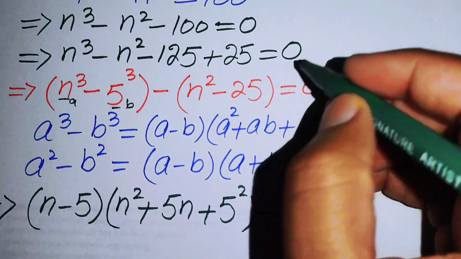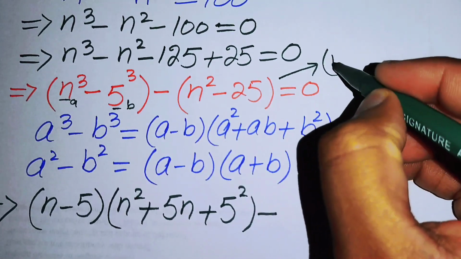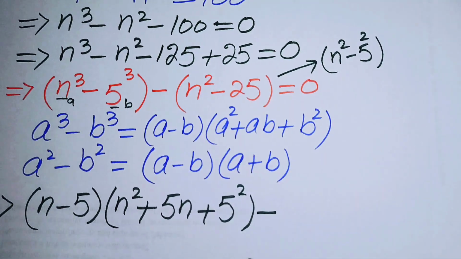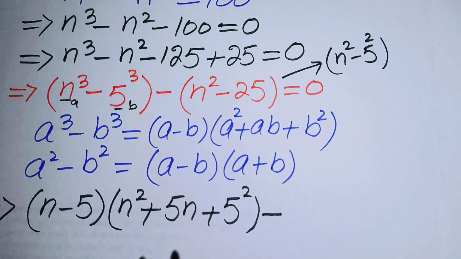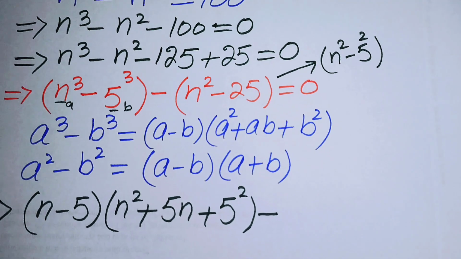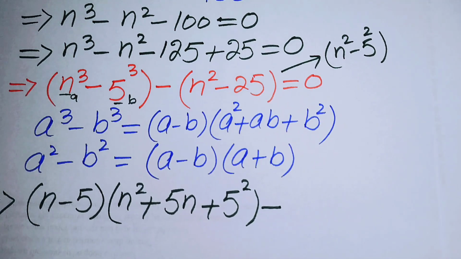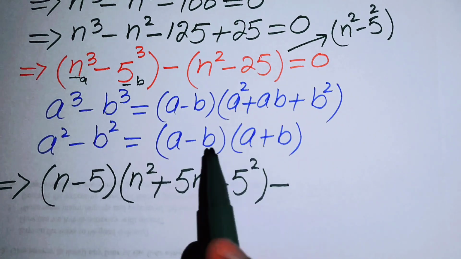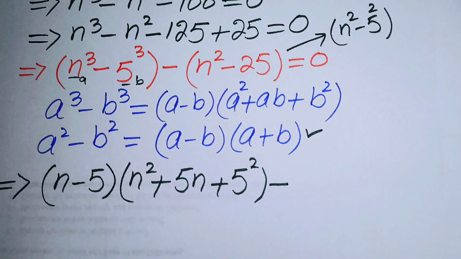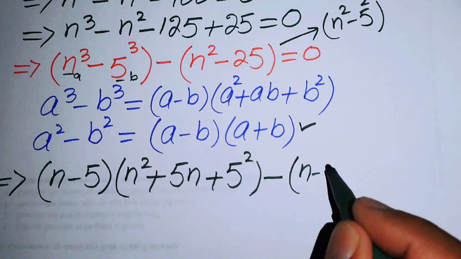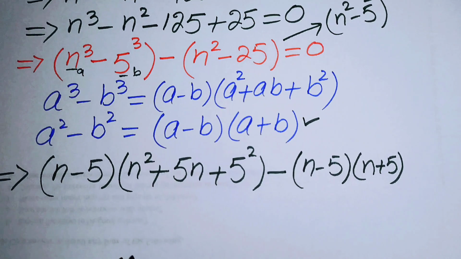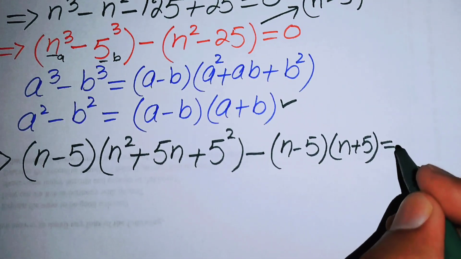We can write n squared minus 25 as n squared minus 5 squared, because the square of 5 is 25, and we can use the square formula on this term, and you get n minus 5 times n plus 5 equals 0.